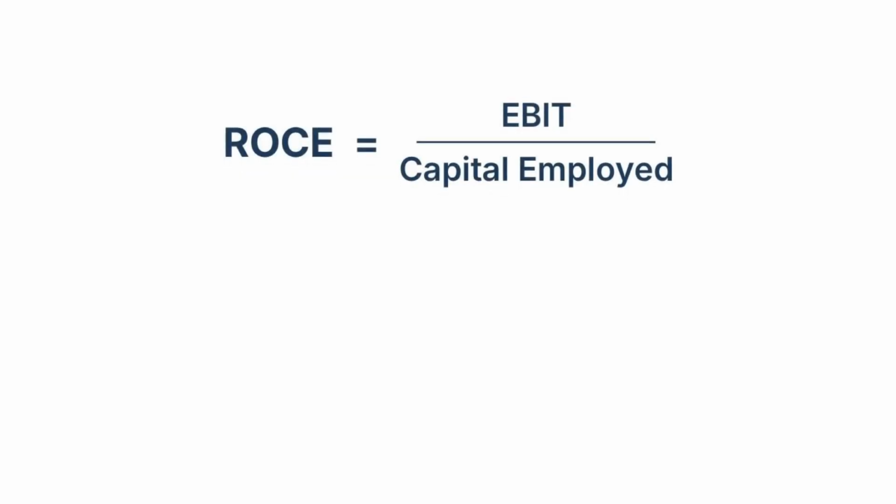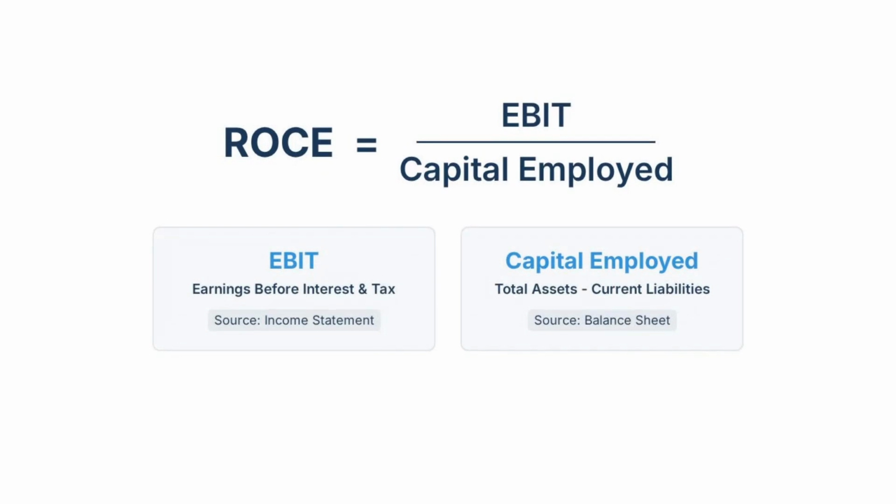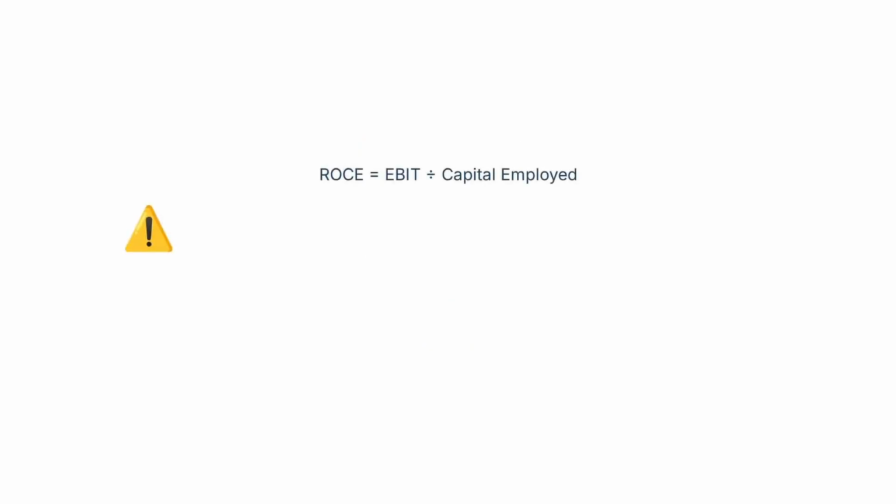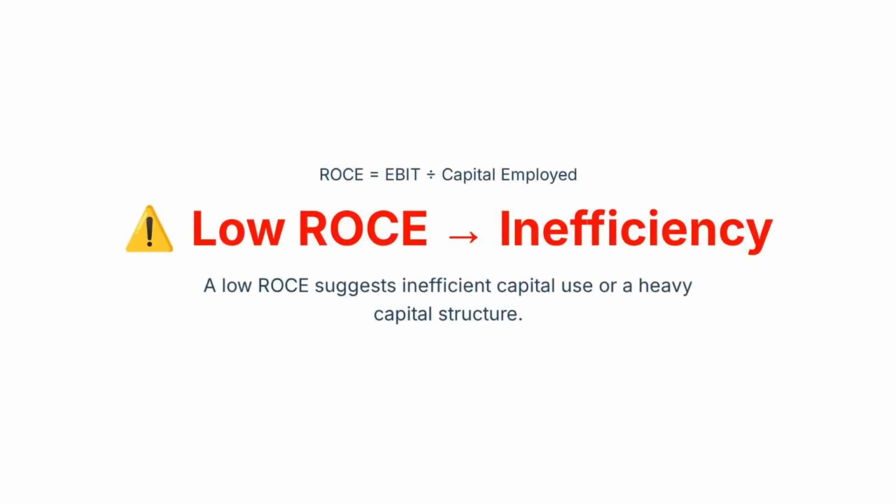To calculate ROCE, we use EBIT, earnings before interest and tax, from the income statement and divide it by capital employed, which is total assets minus current liabilities. A high ROCE indicates strong operational performance. A low ROCE suggests inefficient capital use or a heavy capital structure.